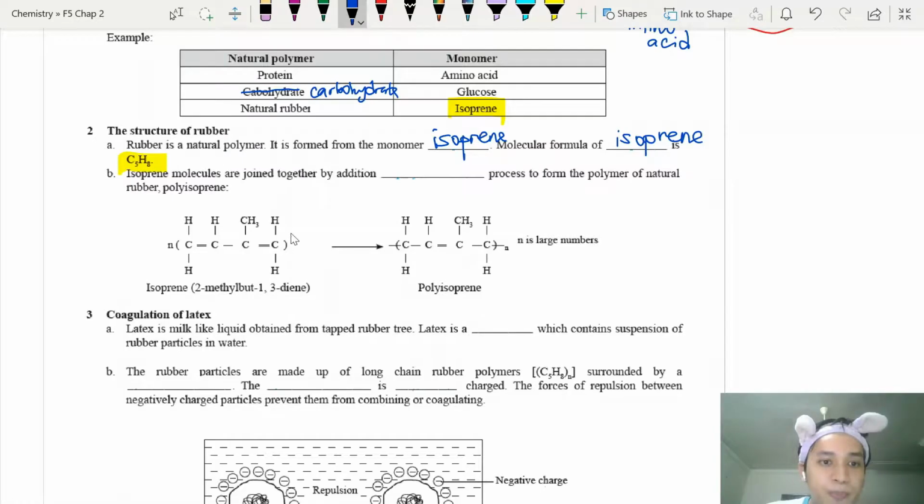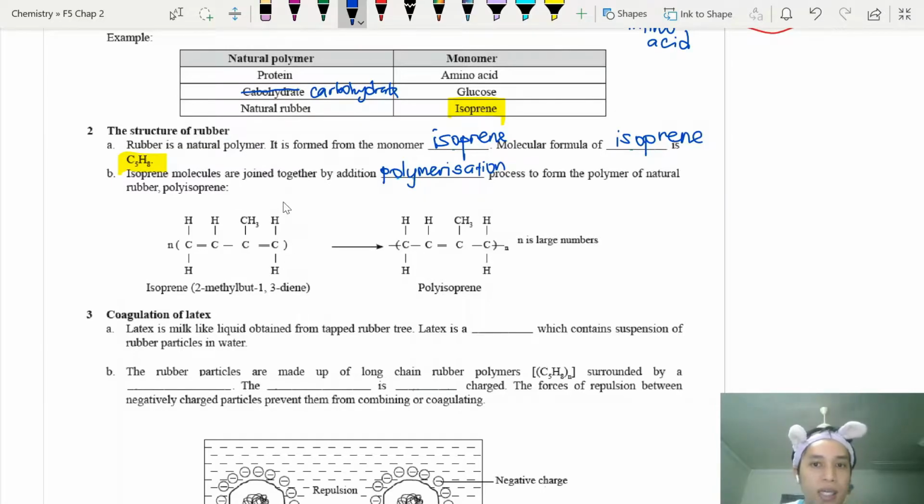Then how do we get a polymer? Through a polymerization process. The polymerization process is where you link all the monomers to become one polymer.